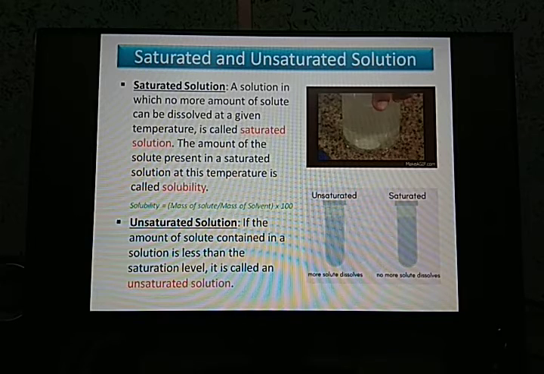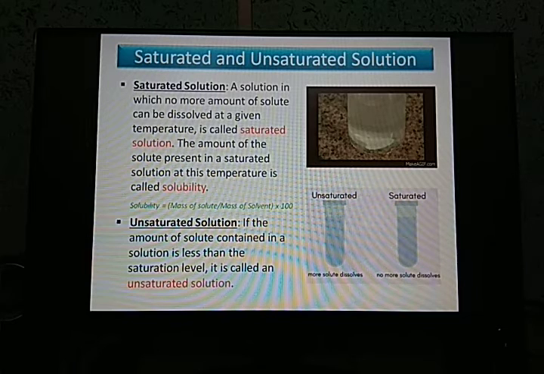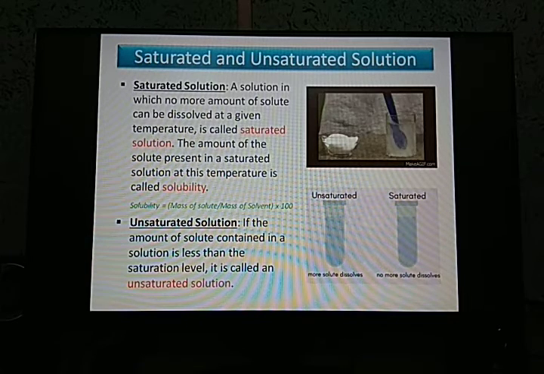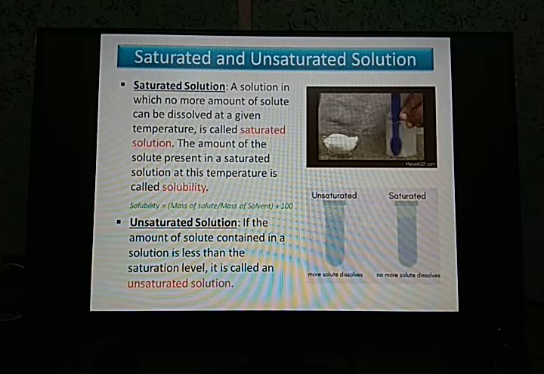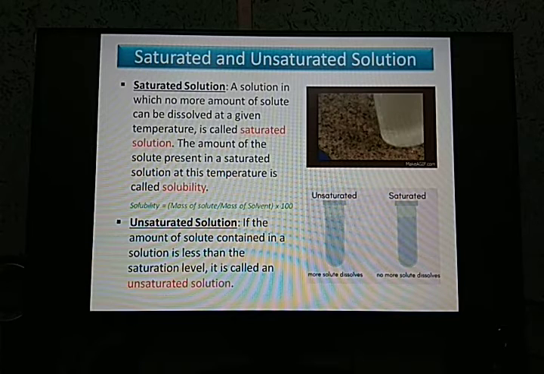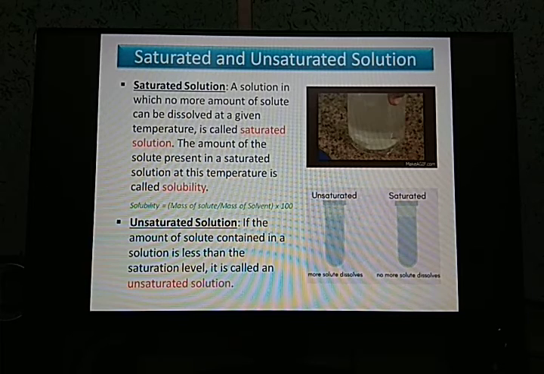Now, as I said, it depends upon the temperature. So what will happen if we increase the temperature of a saturated solution? It will become an unsaturated solution. And if we reduce the temperature of a saturated solution, it will form crystals, which we also call a supersaturated solution.